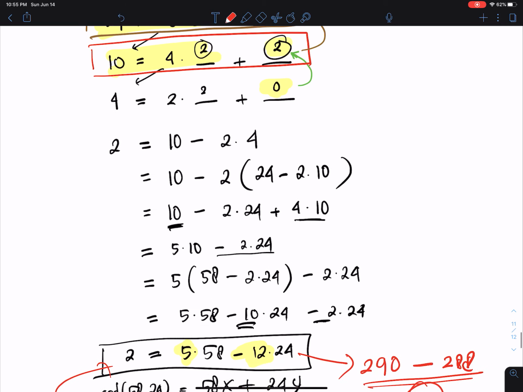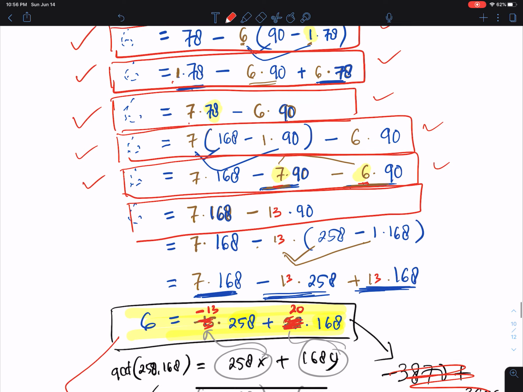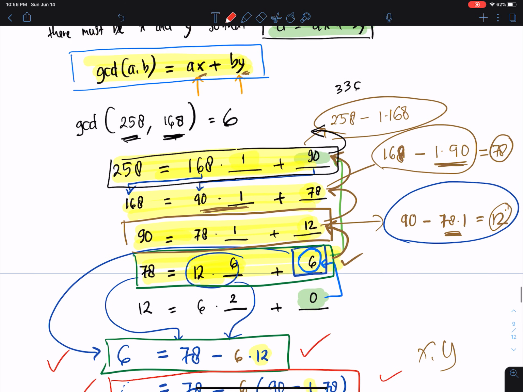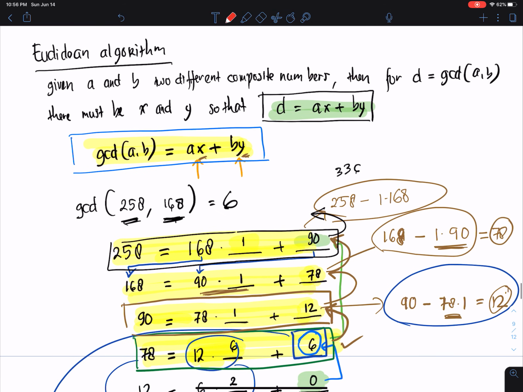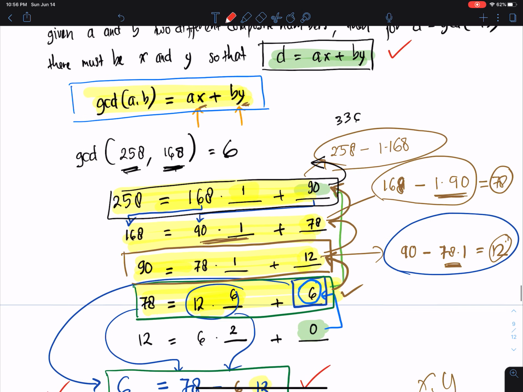Okay, so I believe that is enough for examples. I hope you already understand the process of using the Euclidean algorithm to get the GCD, and at the same time we can also find the x and y so that this expression is satisfied.